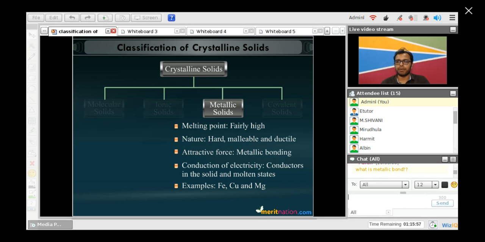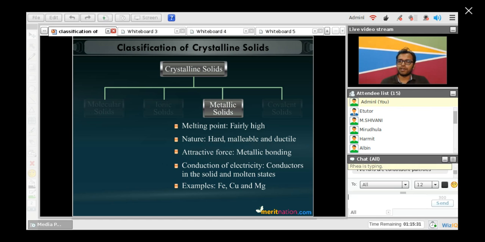The bond existing between two metal atoms is called a metallic bond. So, is it clear? There is a bond between two metal atoms as well, and that bond is the metallic bond.